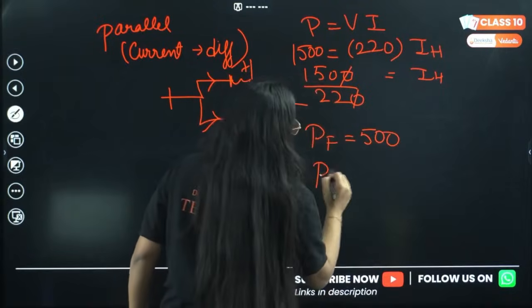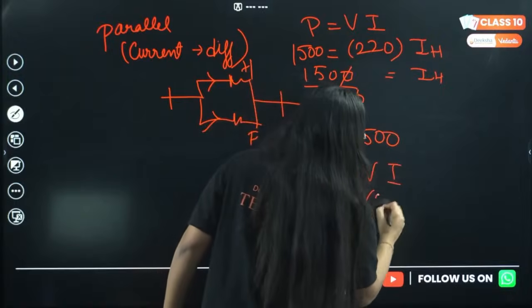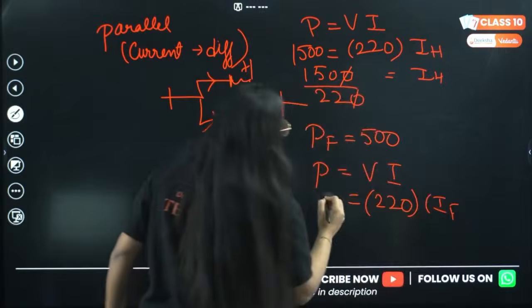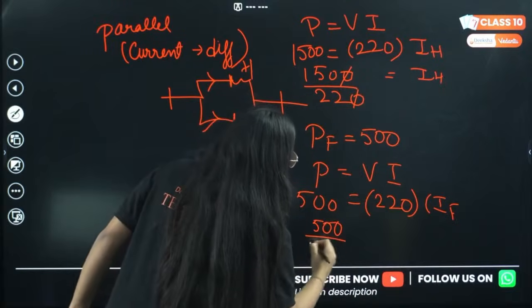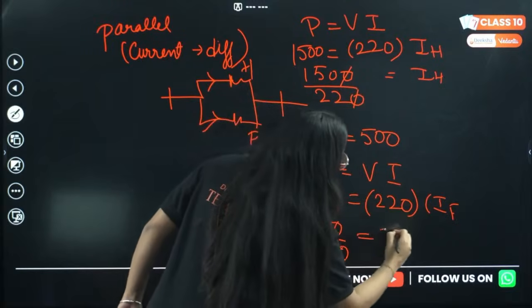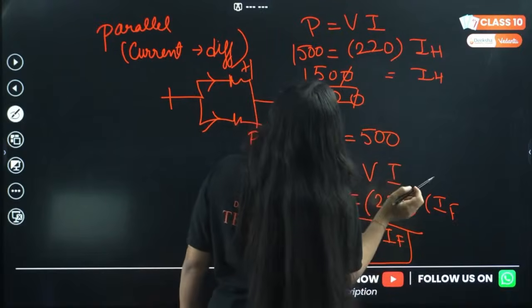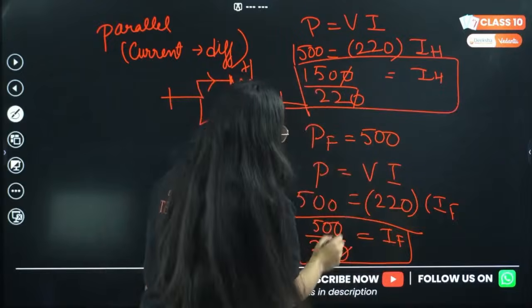I can use the same formula again. V is the same, 220, into I of fan, the power is 500. So 500 divided by 220 will be my answer for the current of the fan, and the current of the heater will be 150 divided by 22.